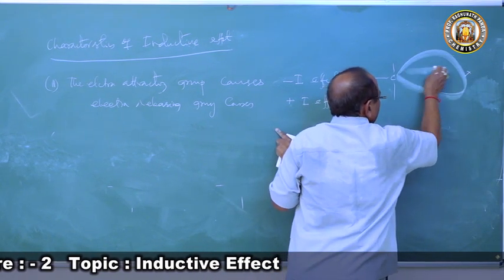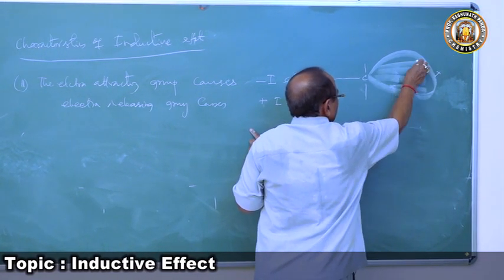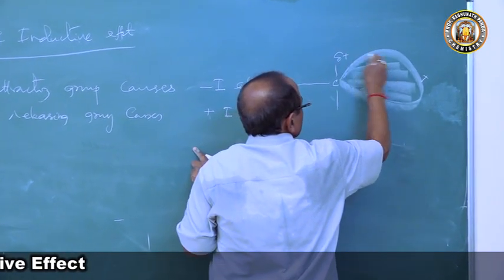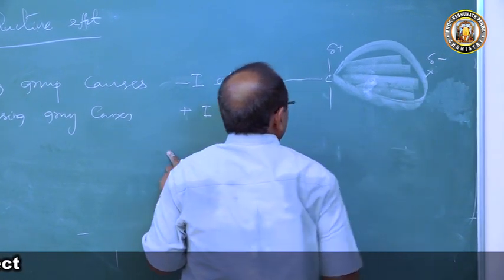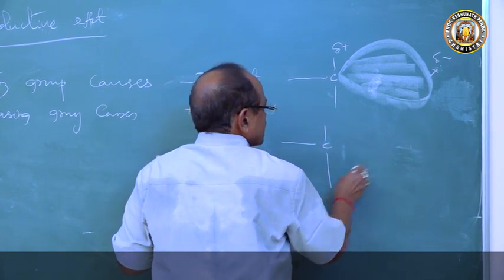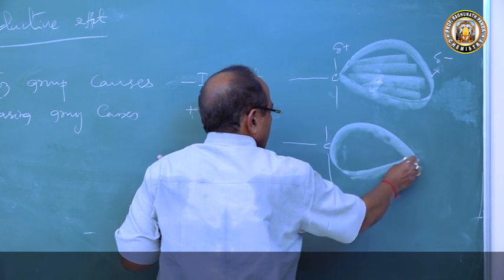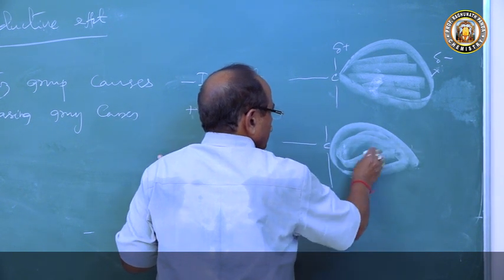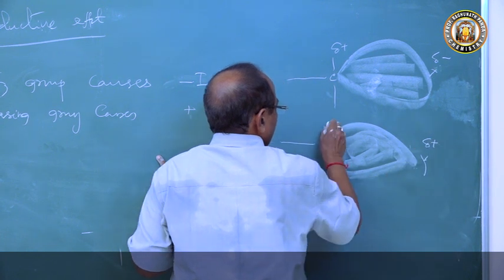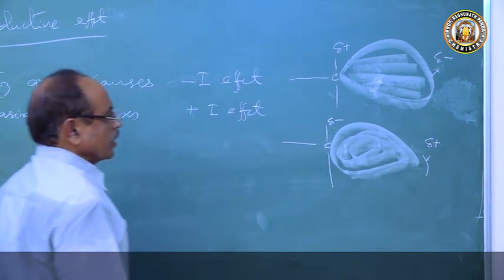So it is going away from carbon, hence carbon is losing the electron cloud and gets delta positive charge, and X gets delta negative charge. Here the electron cloud gets polarized towards carbon, so Y gets delta positive charge and carbon gets delta negative charge.